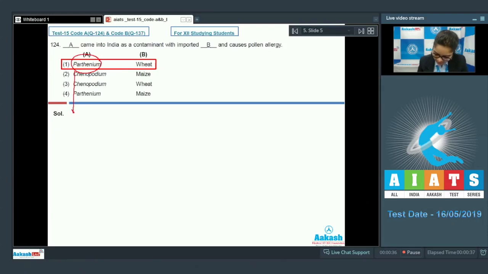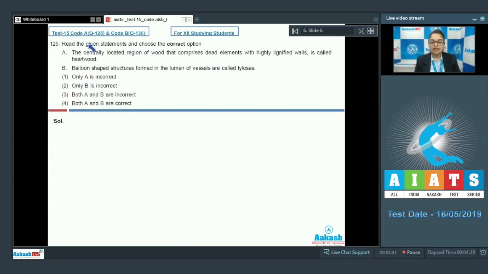Parthenium came into India as a contaminant. Parthenium is also known as carrot grass. It came into India with the imported wheat, and it is found to exterminate many herbs and shrubs species, and it is one of the major causes of pollen allergy. So for this question 124, the answer is option 1.